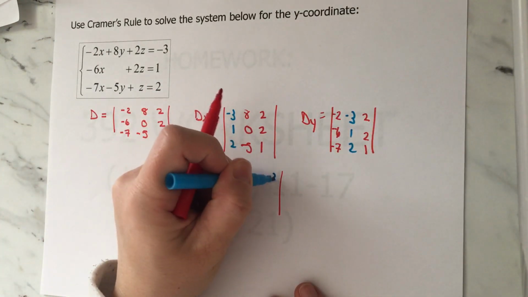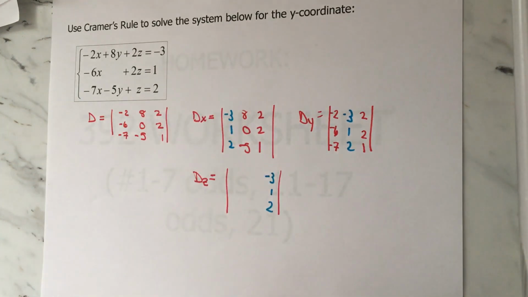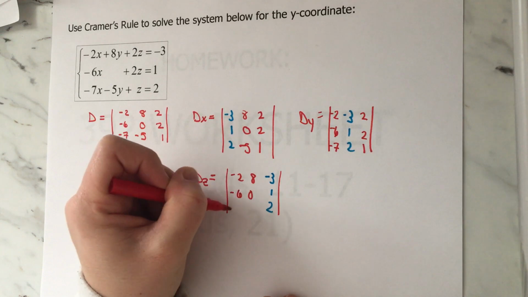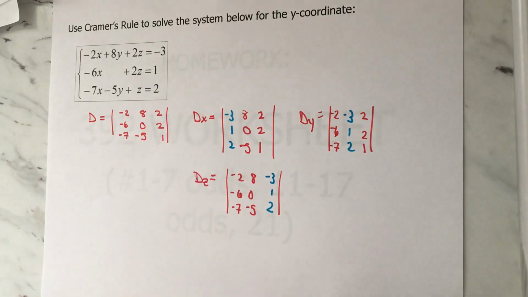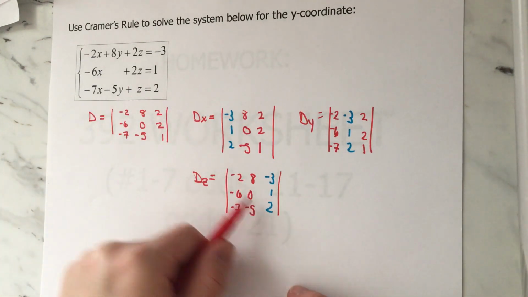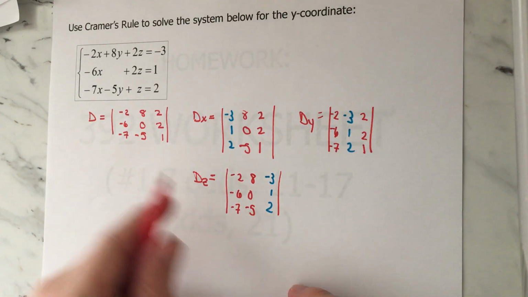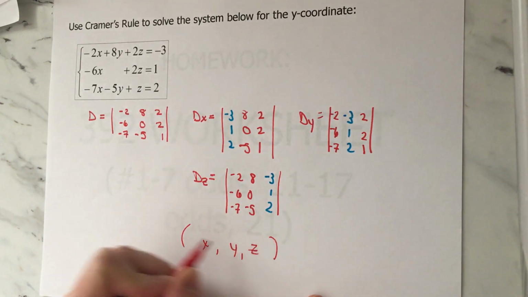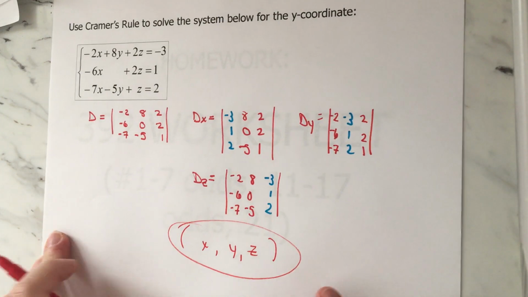Okay, but you change for z the last coefficients. So let me at least write these out for you, but then this would be all calculator work to help you solve. And then take this divided by this divided by this, and dz divided by d. Okay, and then you just remember you're going to write them as a point for the solution to the system.